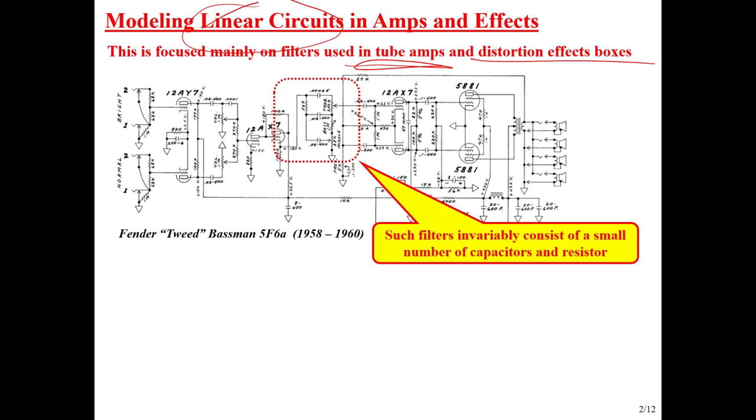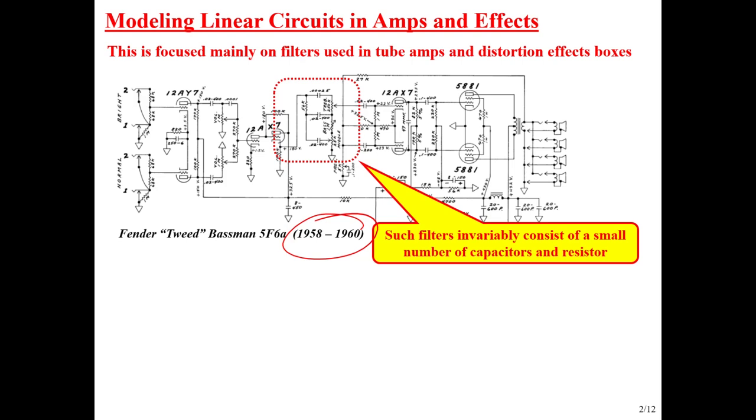So here's a different amp than what I've showed you before. I've been showing you the Fender Tweed Princeton. This is the Fender Tweed Bassman. 5F6A is the model number, if you know those things. This was only produced for about 3 years, but it is one of the most famous Fender amplifiers.